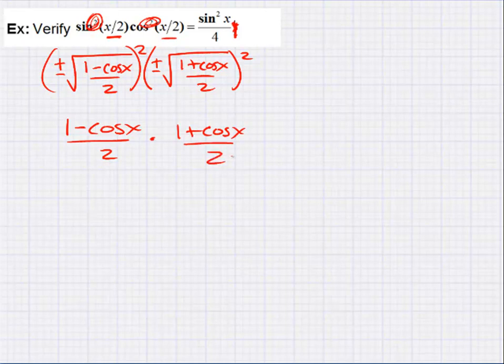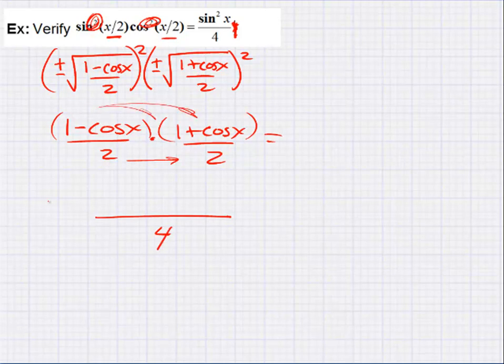If I'm multiplying these together, I can multiply numerators and multiply denominators. If I multiply the denominators, I get 4. If I multiply the numerators, I have to distribute all this out, and I'm going to get 1 minus cosine squared x. Because if you look at this, these are conjugates, and when you multiply conjugates, you get the difference of 2 squares.